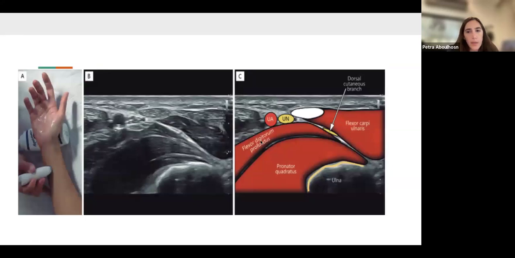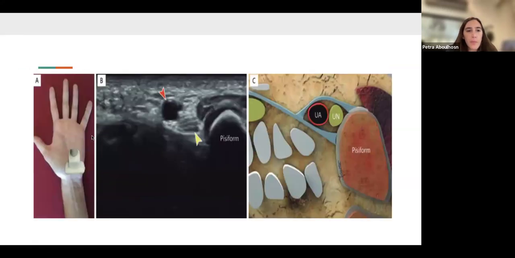Same thing here. This is the ulnar nerve. This is the dorsal cutaneous branch that branches off the ulnar nerve right here, and then you can also see the ulnar artery with it.